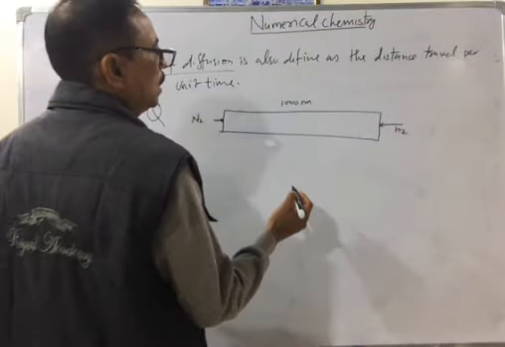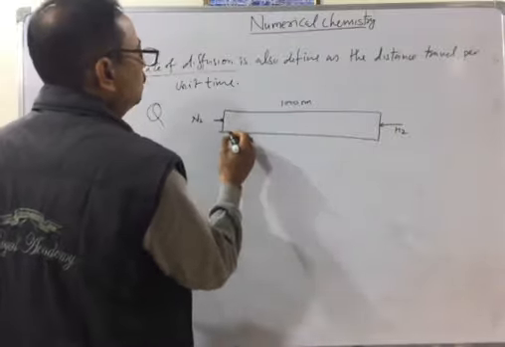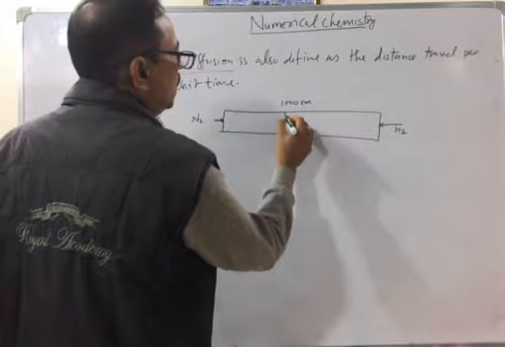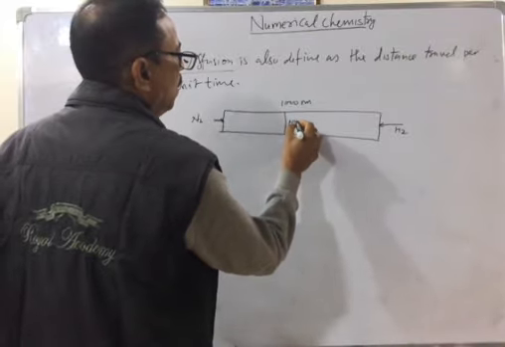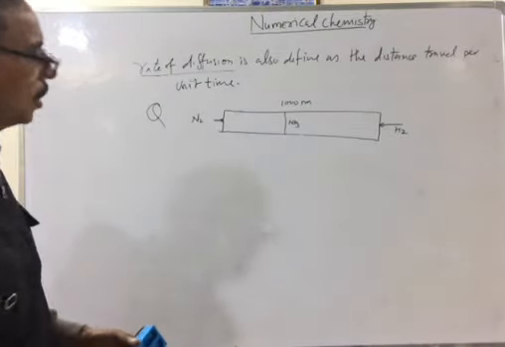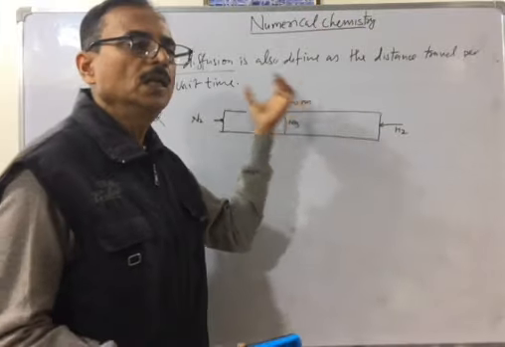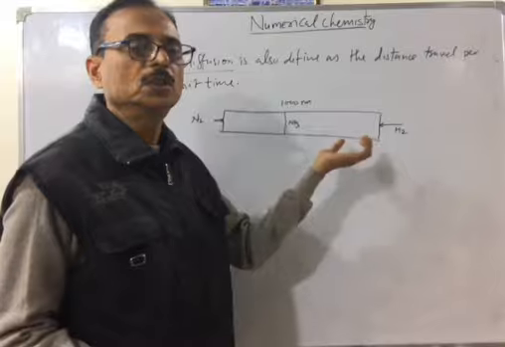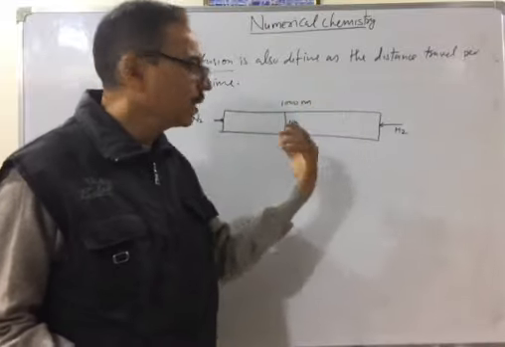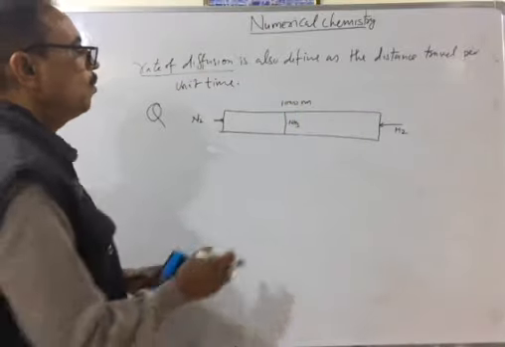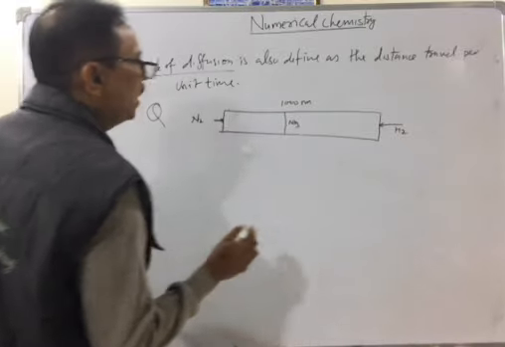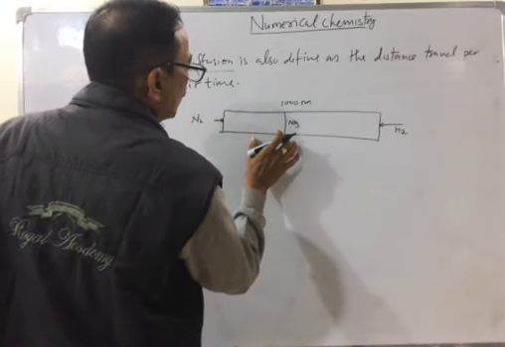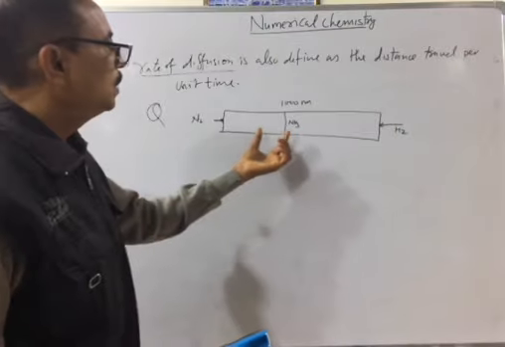The question is, at what distance from the nitrogen side will these meet and form ammonia? Suppose ammonia is formed under certain conditions of pressure and temperature. You have seen in the Haber process, very high pressure and very high temperature, but it is assumed ammonia is formed here. So you have to find out the time taken to form the ammonia.